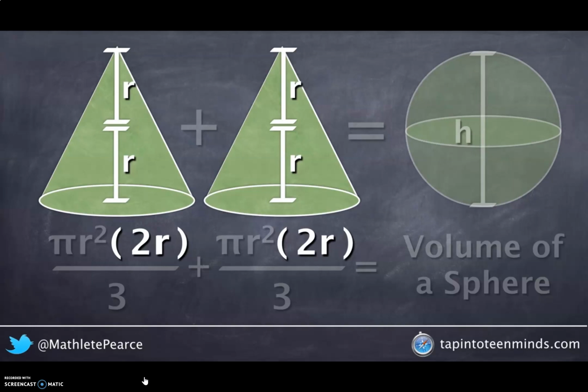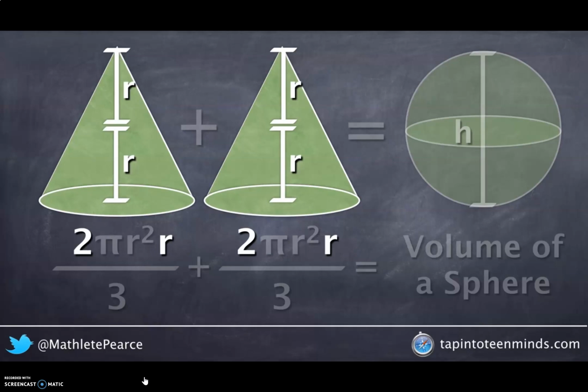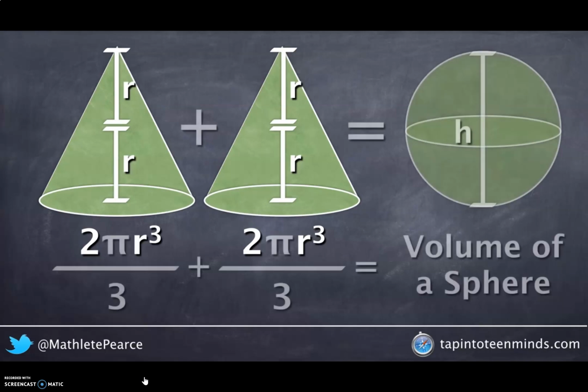Following mathematical convention, we'll bring the coefficient of 2 to the front of the term. And simplifying r squared times r, we get r cubed. Simplifying further, we'll notice that we have 2 fractions, 2/3 pi r cubed, plus another 2/3 pi r cubed.